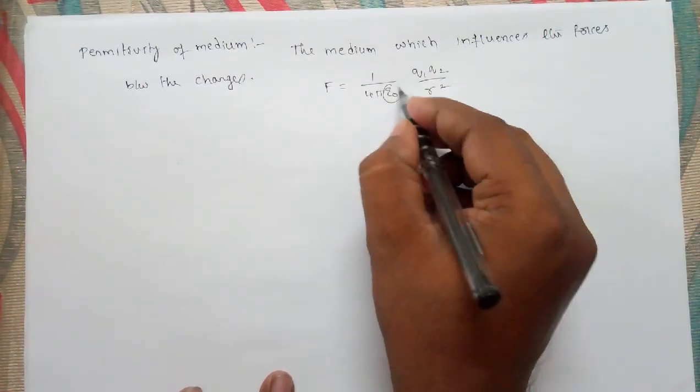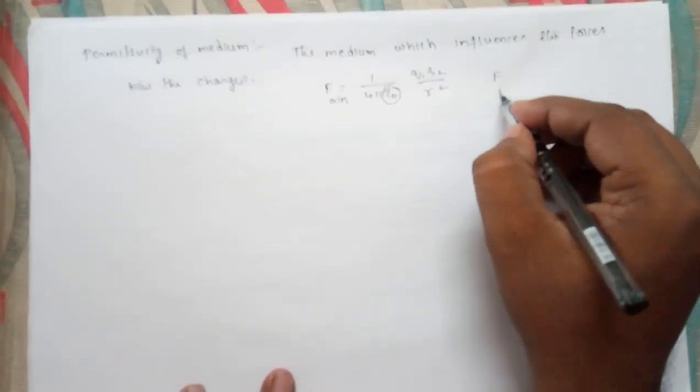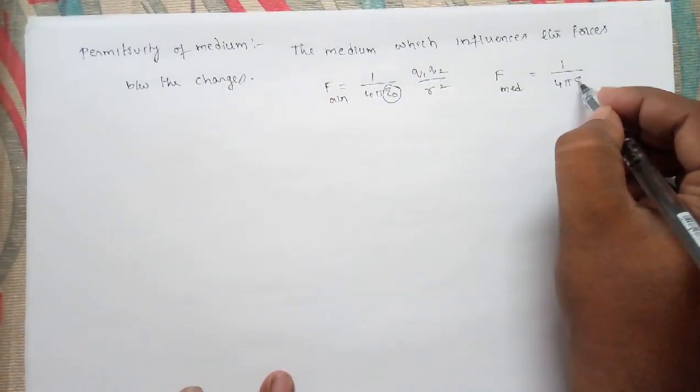Here epsilon naught means it is in air. If it is in a medium, you can write 1 upon 4 pi epsilon.